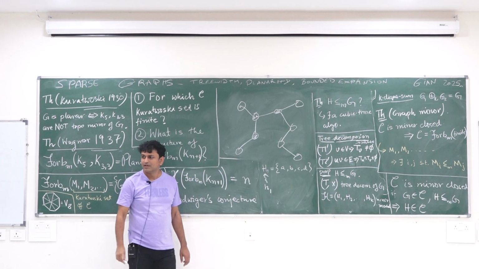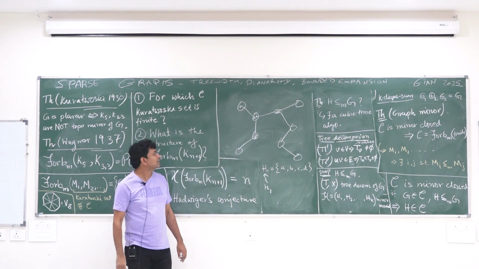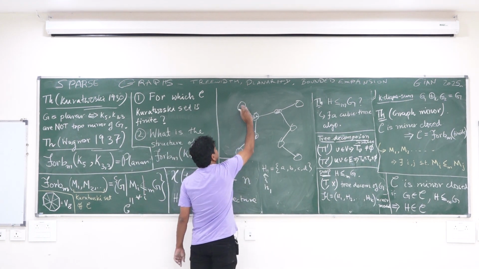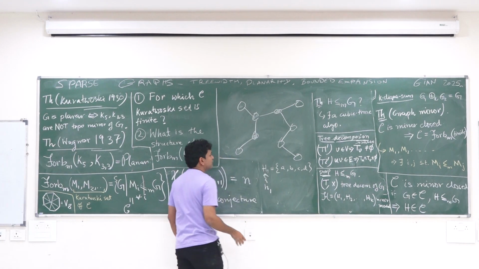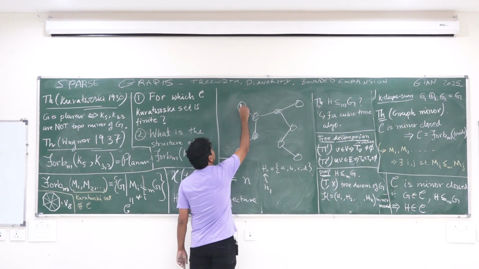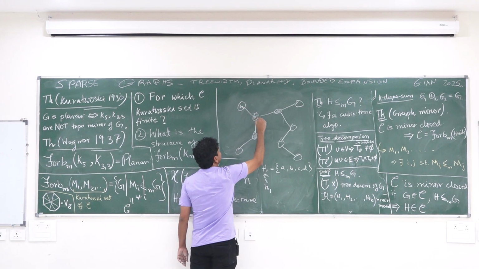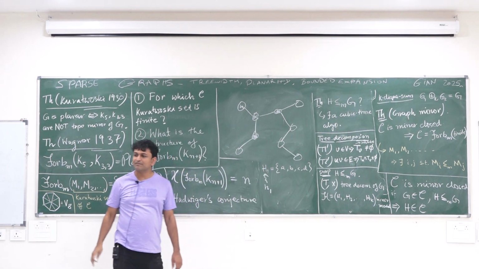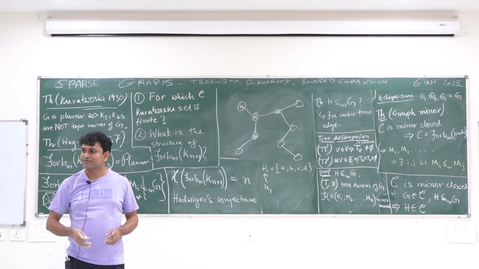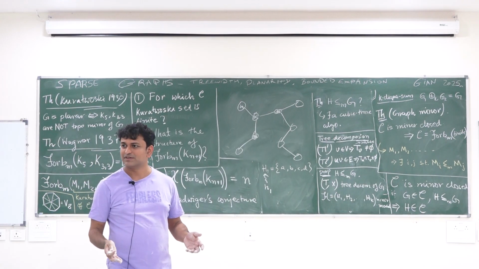So I will erase all this A, B, C, D. Wherever there is A, I will put H1. Wherever there is B, I will put H1. Wherever there was C, I will put H1. Wherever there was D, I will put H1.